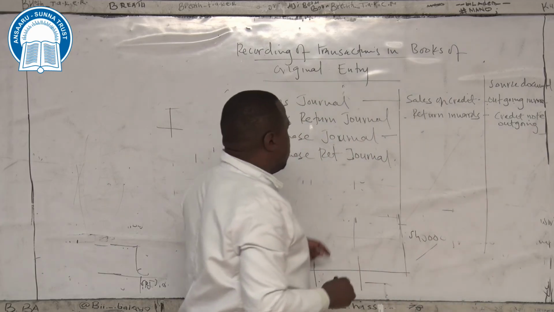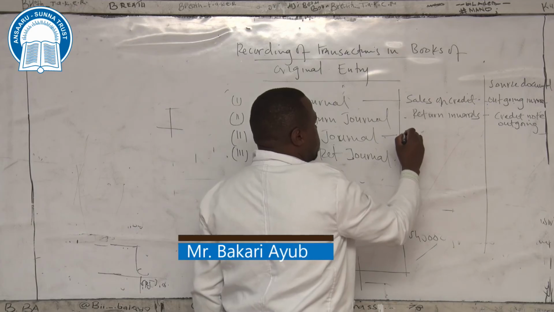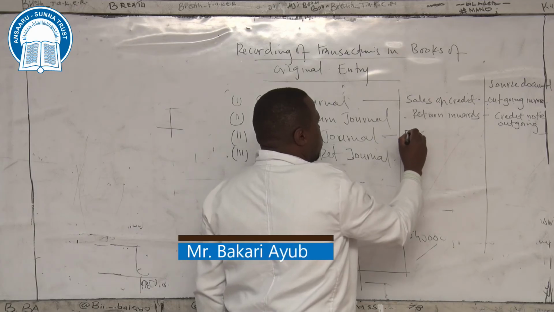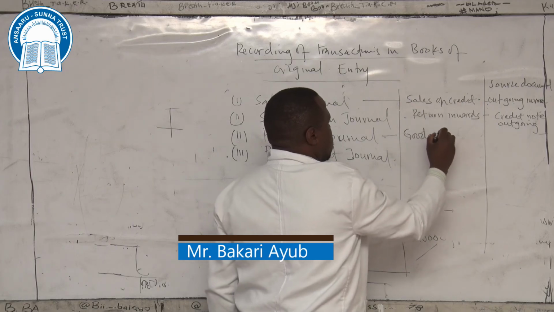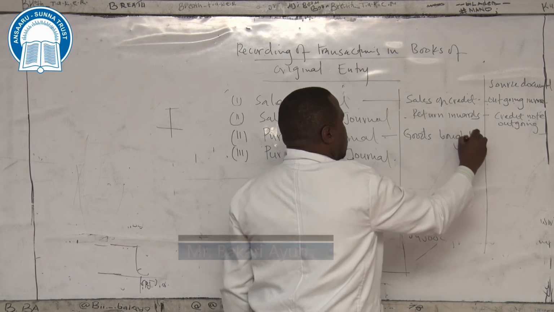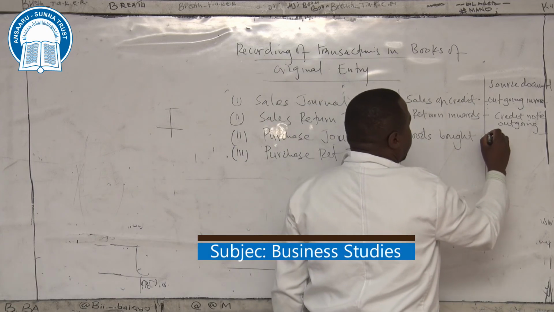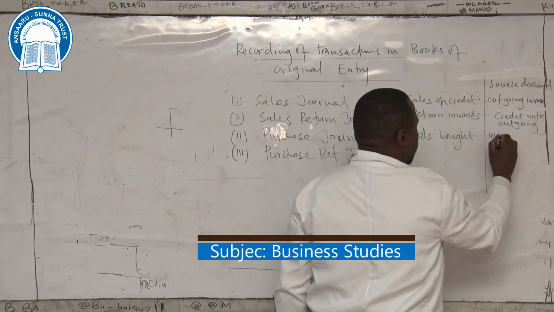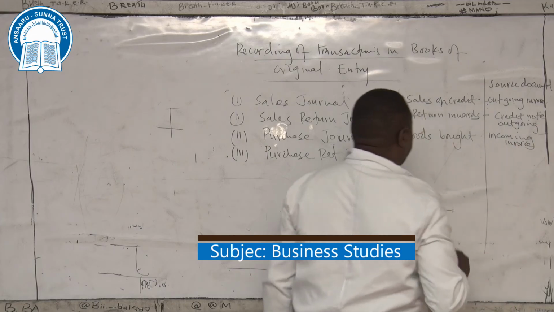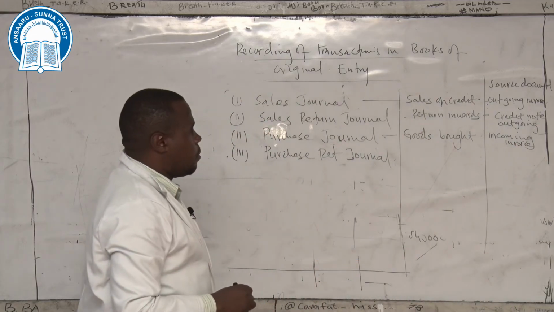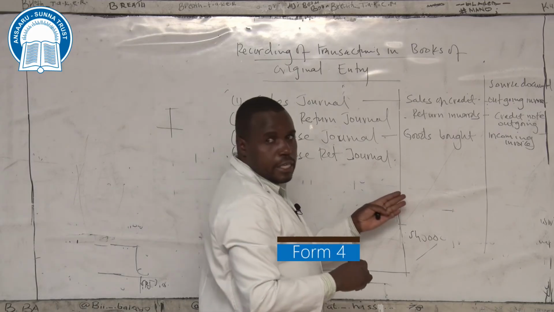This one here, purchase journal, is for recording goods bought. The source document here is the invoice, incoming invoice. Then, apart from that, we have the purchase return.